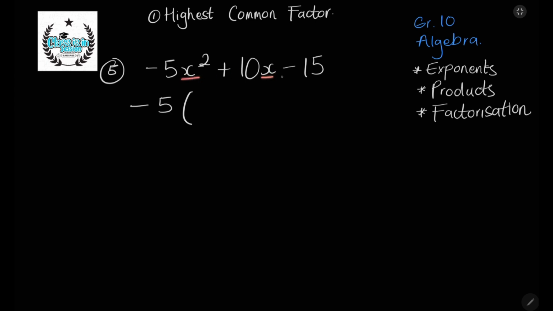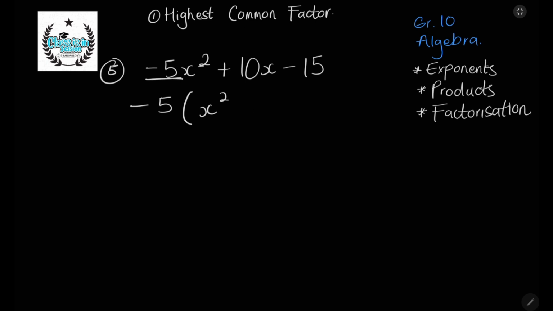Remember, x is common in all three terms, so we can take it out as a factor. We have negative 5, open a bracket, negative 5 divided by negative 5. This divided by that is a positive 1. You don't have to write down that 1. So we're left with x squared in the first term.